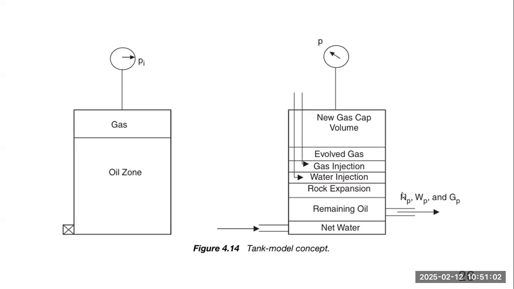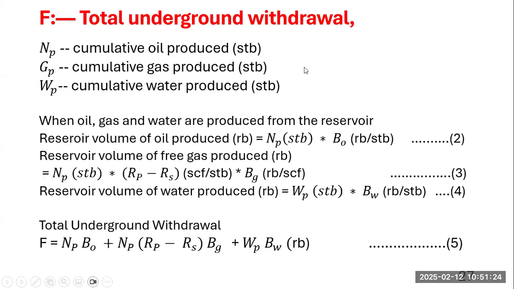So this is your F, that's oil withdrawal, water withdrawal, and gas withdrawal. These are the fluids which can be produced from your reservoir as a result of the effect of your A, your B, your C, and your D, and in some cases, injection. So this is your tank model.